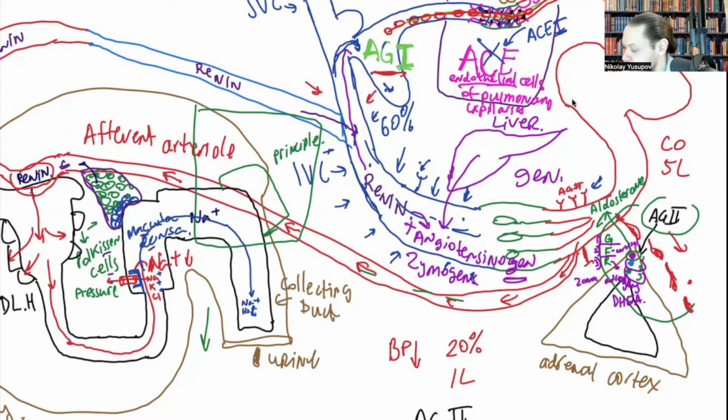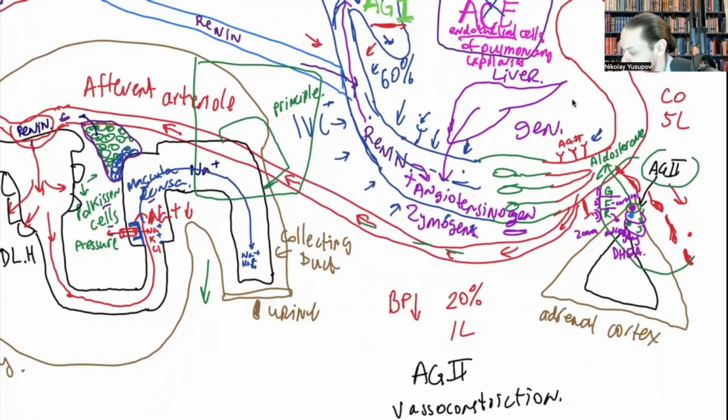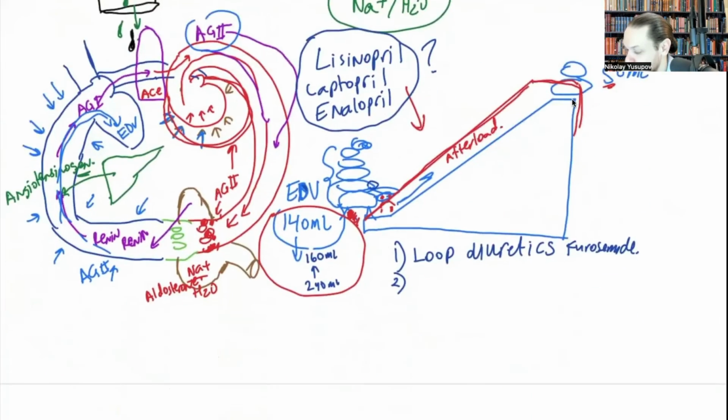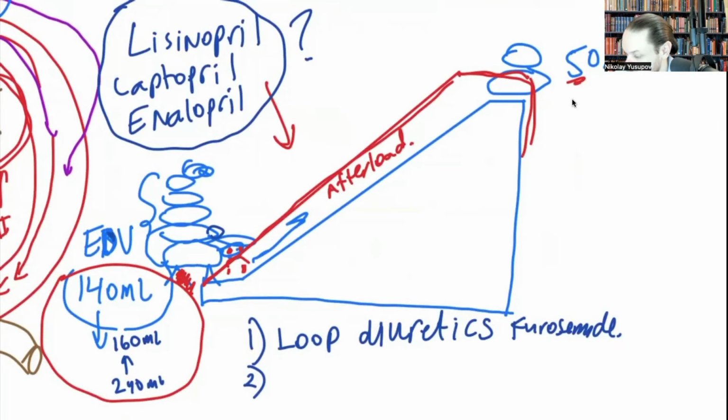Are you going to have this aldosterone release that was stimulated by angiotensin 2? No, you won't. So you have less vasoconstriction and less salt and water retention. All of a sudden this afterload that was increased may go back to a normal slope. So by giving you angiotensin converting enzyme inhibitors, I'm going to decrease the afterload.